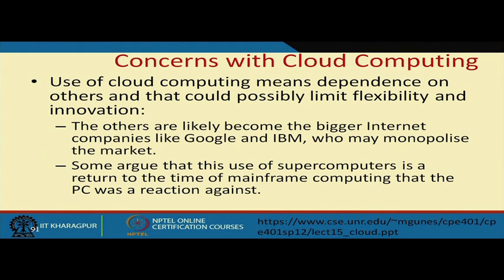So, what people perceive is that someday the companies like Google, IBM, maybe Amazon, who are trying to pioneer themselves in this cloud technology, will monopolize the market. They will be the single leader. Now, some others argue that use of supercomputer is a return to the time of mainframe computing.